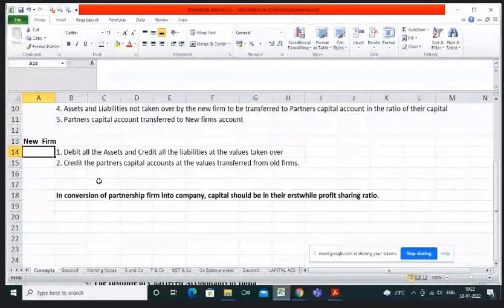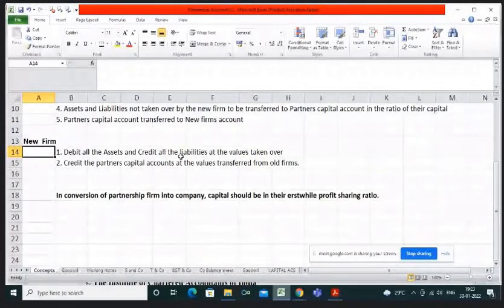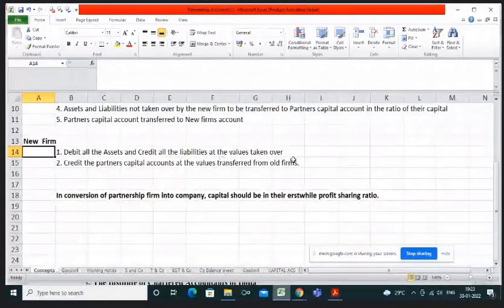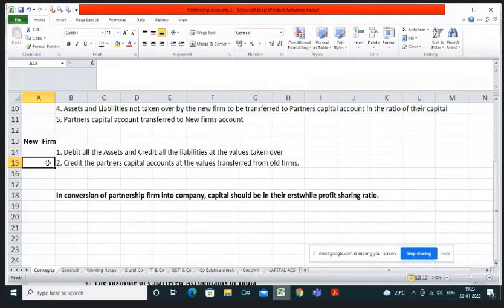We simply have to debit all the assets and credit all the liabilities at the values taken over, and credit the partners' capital accounts at the values transferred from the old firms. So only 2 steps we have to do. Now I will pass the journal entry for this one.